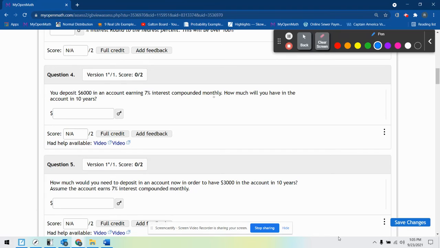All right, now we're talking about compounding. So now we want to worry about when or how often we're either depositing money or how often we're withdrawing money. So this says you deposit $6,000 in an account earning 7% interest, compounded monthly. It doesn't say you deposit every month. It doesn't say you deposit every year. It just says you deposit $6,000 one time.